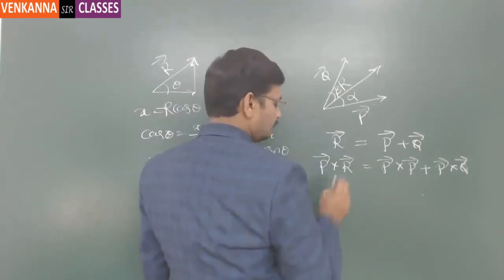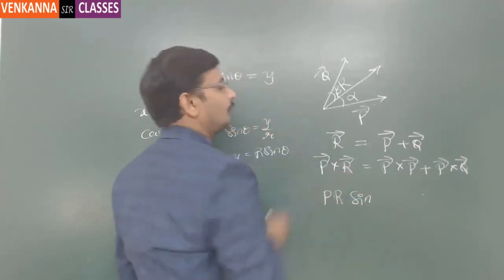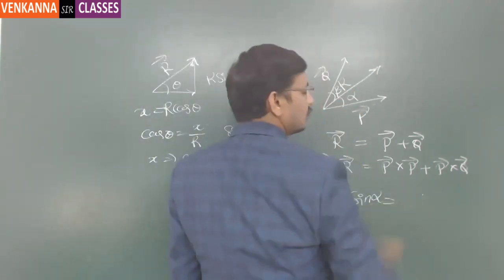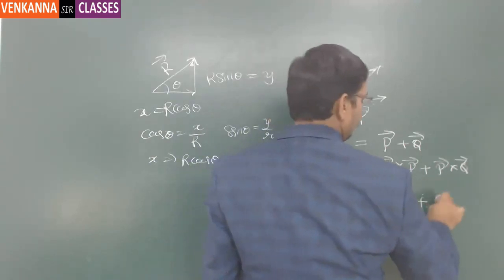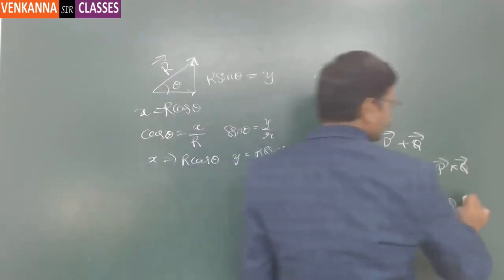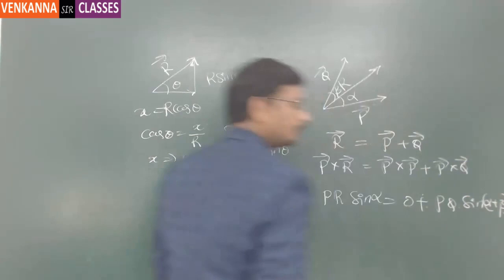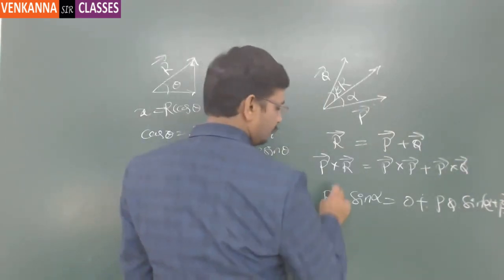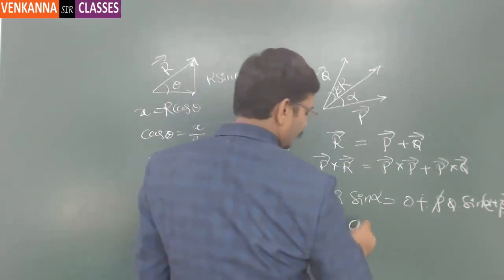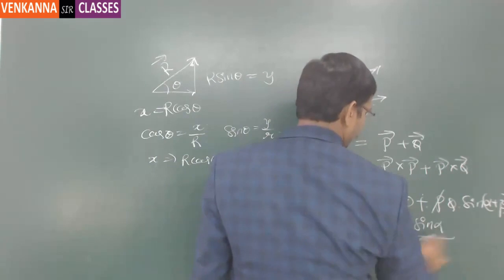Then this will be p into r into sine of the angle between p and r, which is alpha, so sine alpha, equal to 0 plus p into q into sine of the angle between p and q, which is sine of alpha plus beta. Then p will cancel out, and what is left is q equal to r sine alpha by sine of alpha plus beta.